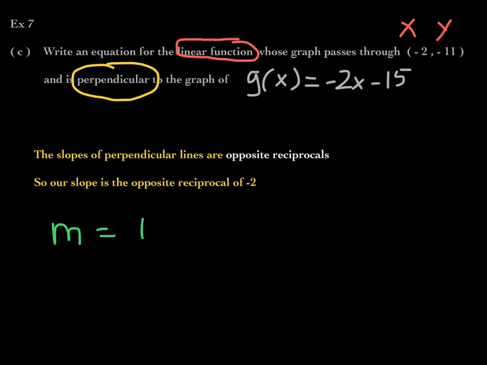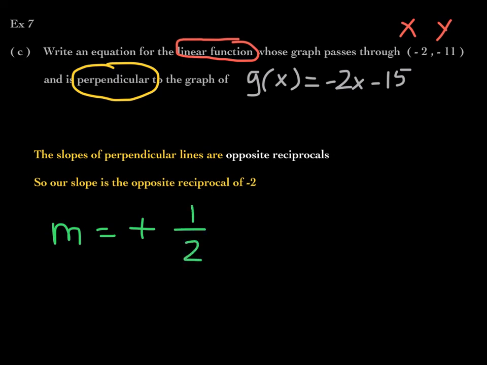Number one, it's positive. I know it's positive because this guy's slope is negative. That means mine is positive. Furthermore, this guy's slope is -2. You can view that as -2 over 1. That means my slope is going to be 1 over 2. If he is 2 over 1, then I'm 1 over 2. So my slope is positive 1/2.